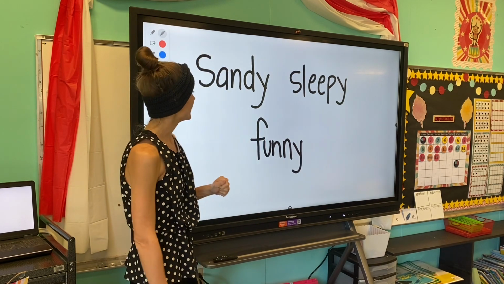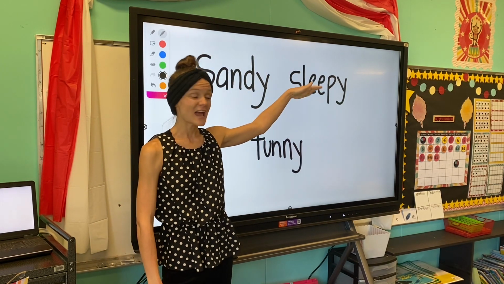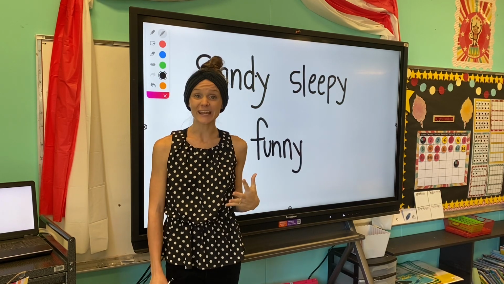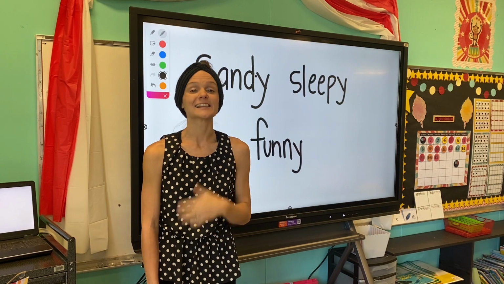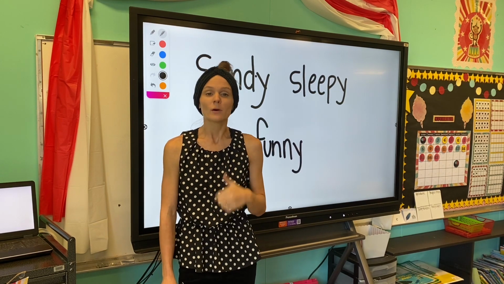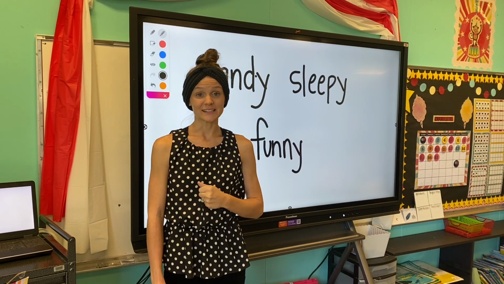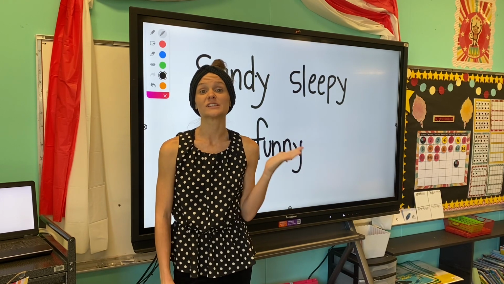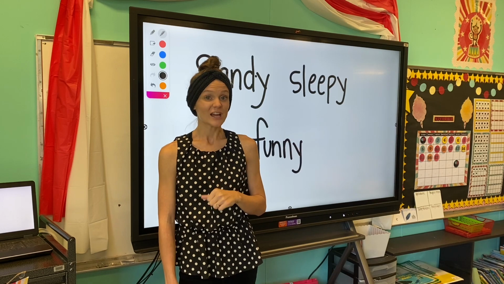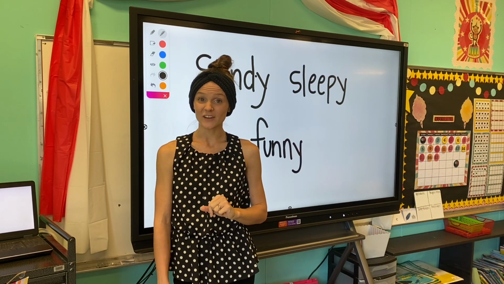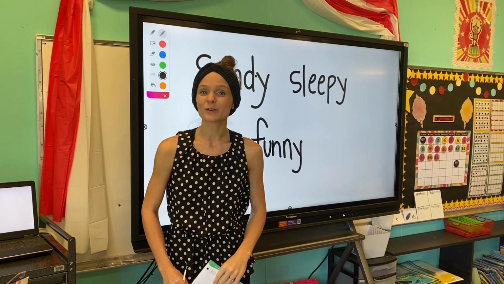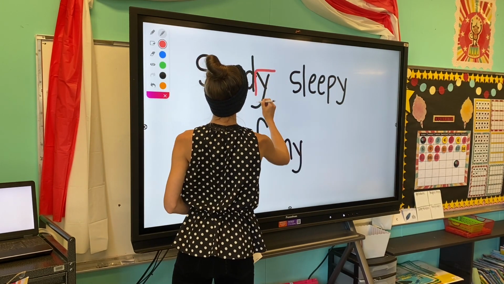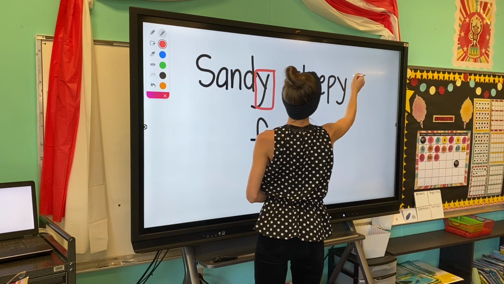For example, in the word Sandy, if I take the Y off, my word is still sand. Sand has a meaning of its own. But when I put that Y on the end, it changes the meaning, just like all of the other suffixes we have been learning. Do you guys remember how to code a suffix? Yes, we draw a box around it. So I'm going to draw a box around my Y suffix.